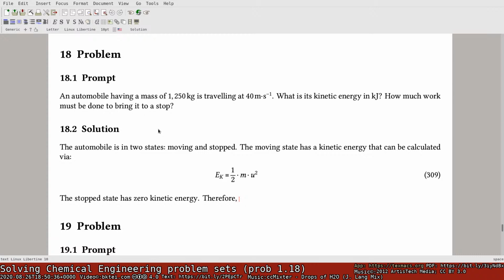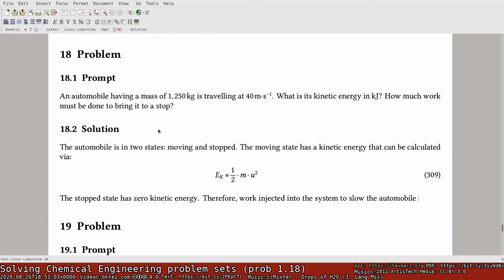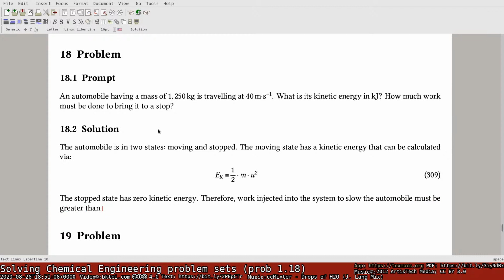Therefore, work injected into the system to slow the automobile must at a minimum be greater than or equal to the kinetic energy already present, I think.